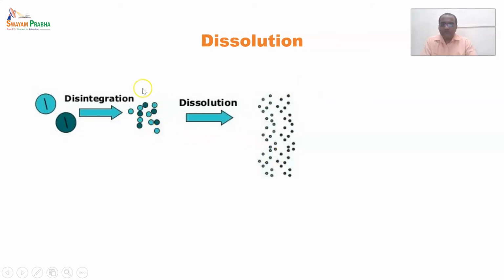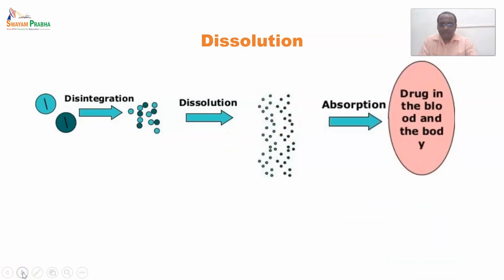Solution means solute particles are being dissolved into a solvent. The solvent here is nothing but the fluids in the body, and the drug gets dissolved into the fluids of the body, and after that it will be absorbed, and the drug will be ready for entry into the blood and the body.